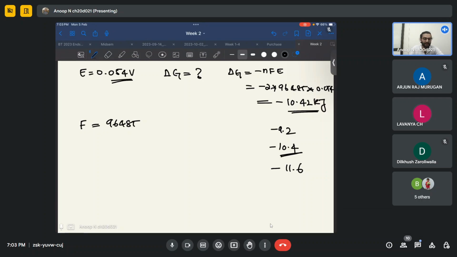So even though it's a multiple choice question, you will get the answer. You can use 96500 as well; 96485 doesn't matter. The answer will slightly vary. The purpose of this problem is to understand the concept. So if it changes a little, it's okay. But I urge you to use 96485 itself. That's the correct number.